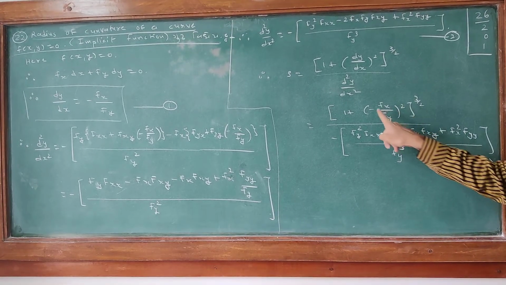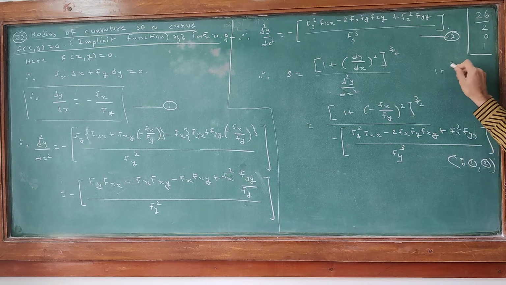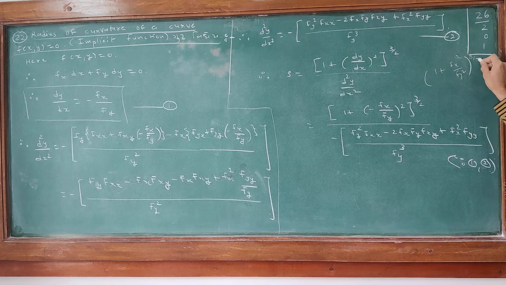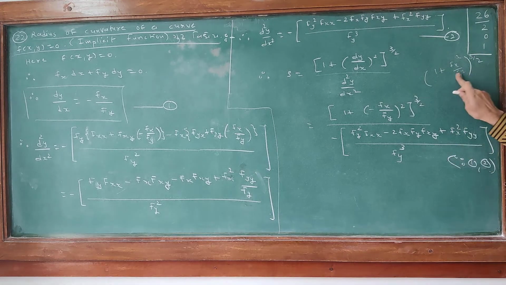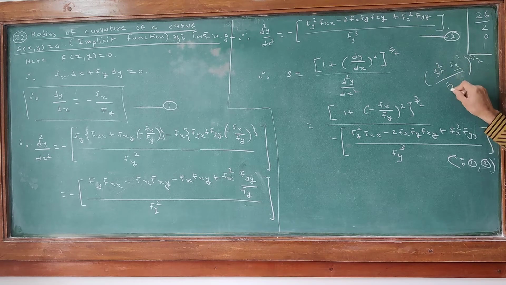As there is a square, there is no meaning of my sign of minus, so it becomes 1 plus fx square fy square 3 by 2. Okay. Now we multiply here with f of y square upon fy square.